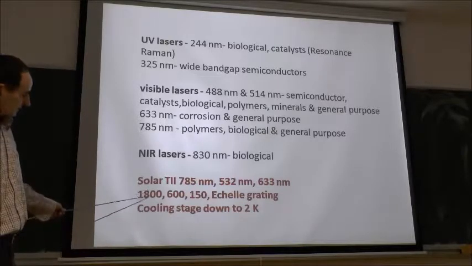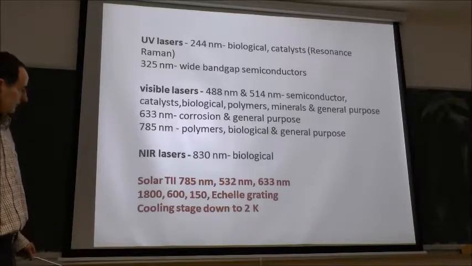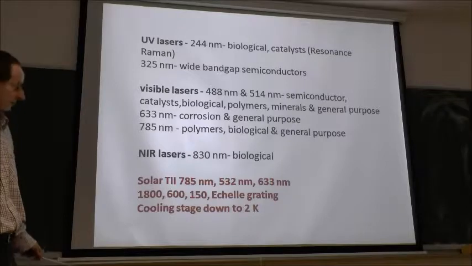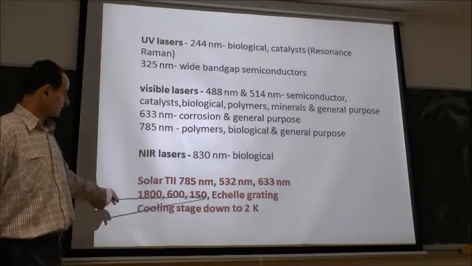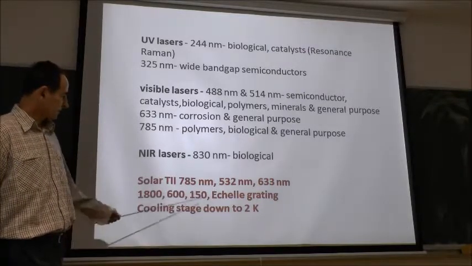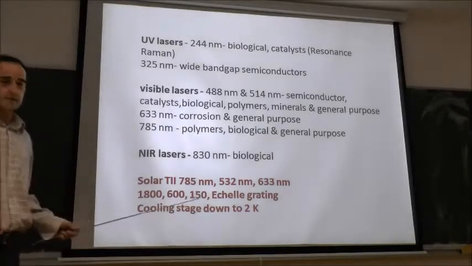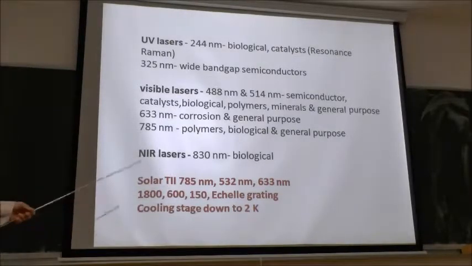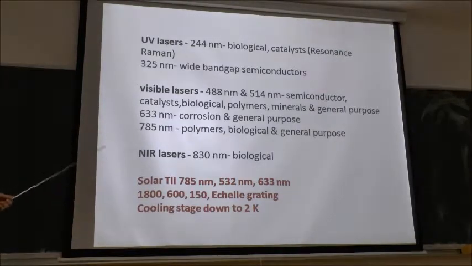The first one is for high resolution work, and the other one is for wide range coverage, so you can make a spectrum over a wide range of frequencies. In addition, there is a cooling stage, which is Oxford Instruments. It provides cooling of the sample down to 2 degrees Kelvin.